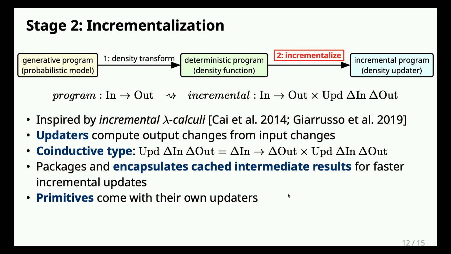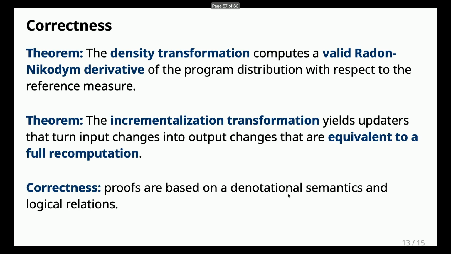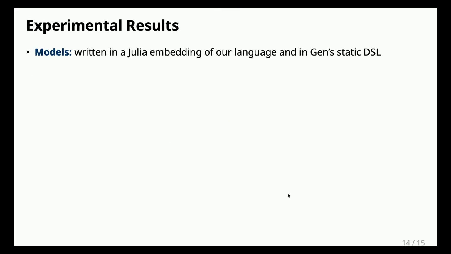How do we actually produce these updaters? Well, for primitives, they just have their own specific updater versions, and the translation rules for the transformation compose them together. We have correctness proofs for these transformations based on denotational semantics and logical relations. And we also have a prototype implementation where we compared this to a non-incremental version and to Gen's incrementalization on a couple of models that are kind of challenging.